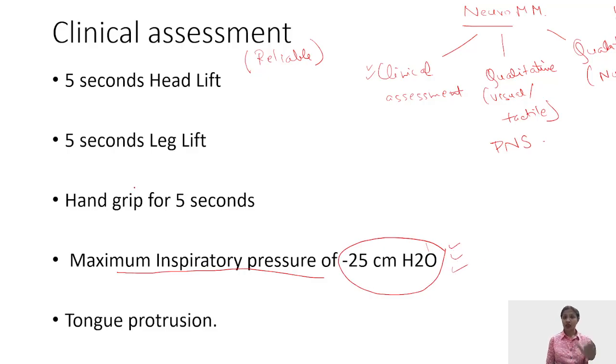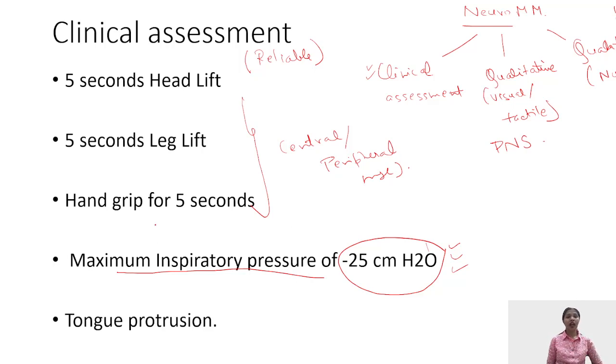The rationale behind them is that the head lift, leg lift and hand grip will eventually tell us that the peripheral as well as the central muscles have recovered well, right? And the maximum inspiratory pressure will tell us that our respiratory muscles, our diaphragm and intercostals, have recovered back.